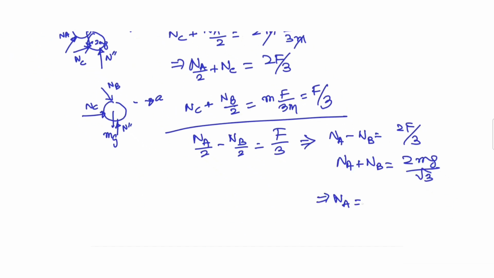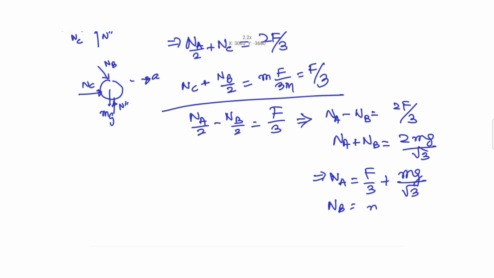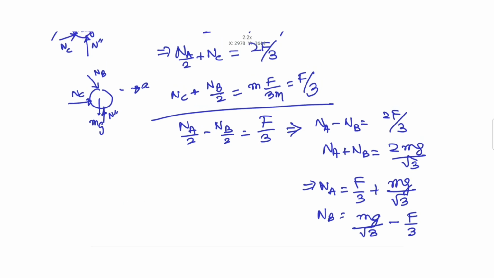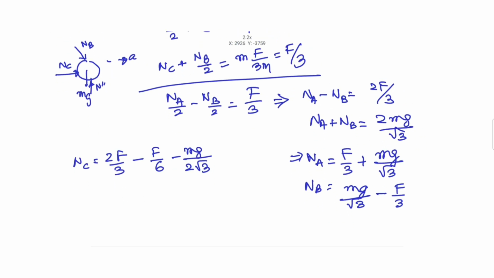So NA is coming out as F by 3 plus mg divided by root 3, and NB is coming out as mg divided by root 3 minus F by 3. Now that I've got this, I can also get the value of NC. So I've got all the values.